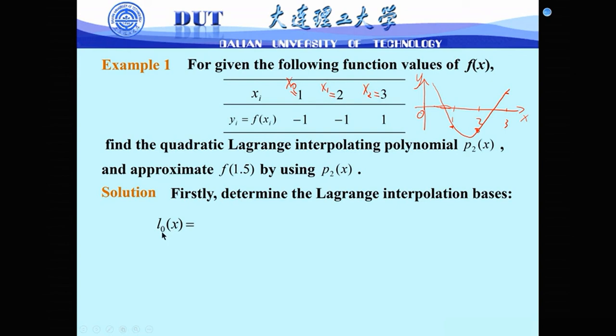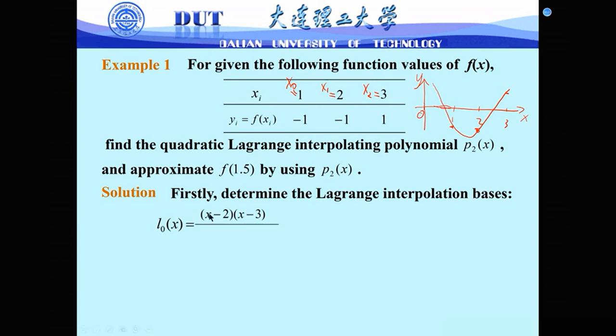So for L0, it should be x minus other nodes. Because this is focused on x0 which is 1, the other nodes are 2 and 3. So directly here, x minus 2 multiply x minus 3. It's okay? The numerator. What is the denominator?